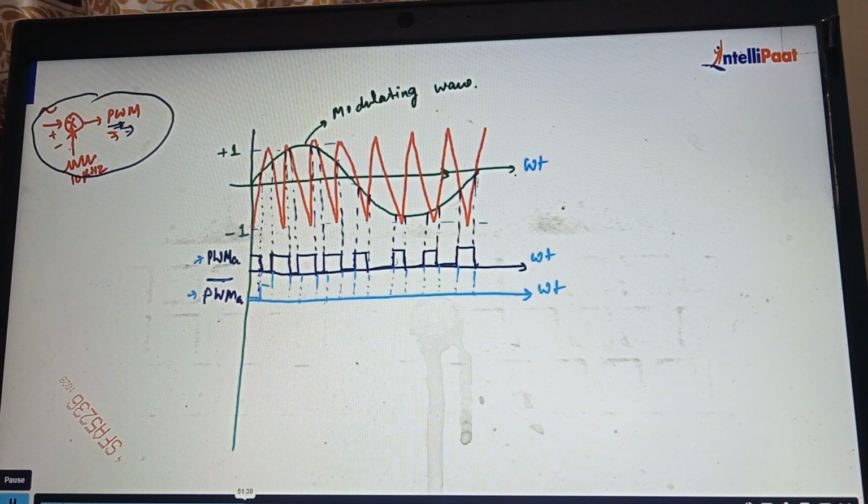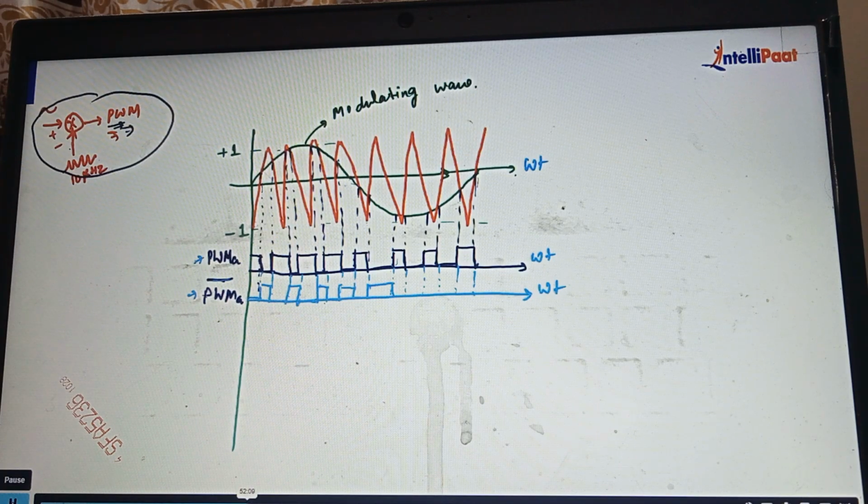What about this? This is off, so this will be on. This is off, this will be on, right? This is on, so this PWM A bar is off. So in the space where this switch is off, PWM A bar will switch on the lower leg. That's all. There must not be any mismatch between PWM A and PWM A bar.